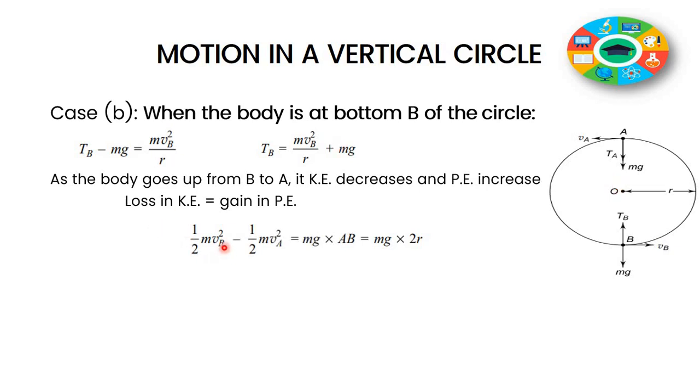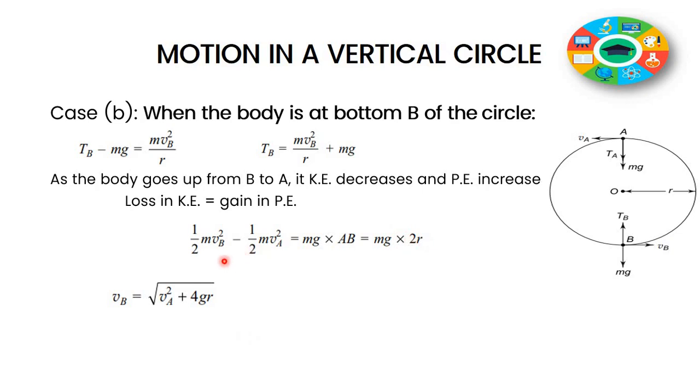Loss in kinetic energy is represented as 1 by 2 m vB square minus 1 by 2 m vA square, that is equal to mg into the overall distance between these two points, AB, that is equal to 2R. So mg into 2R. Therefore m is cancelled on both sides, and 1 by 2 is common.